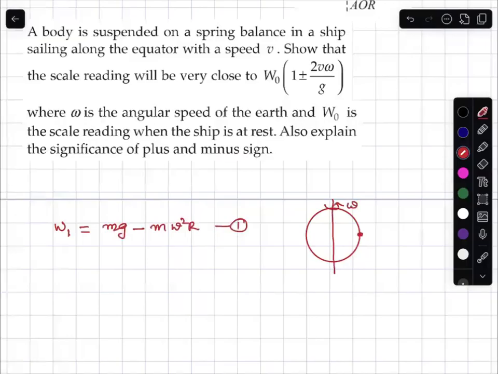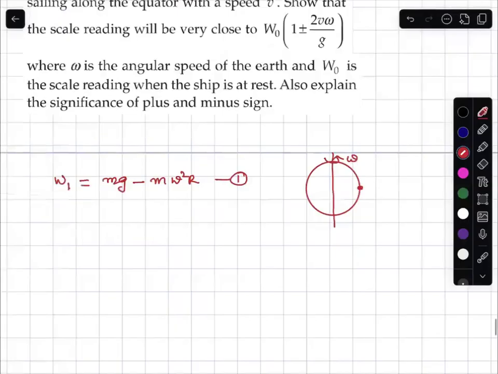Right. Suppose the ship is sailing. It is rotating undoubtedly, but with respect to Earth, it is sailing. It might have some speed. See, remember, with respect to the axis of rotation, two possibilities are there. This is when the ship is at rest.